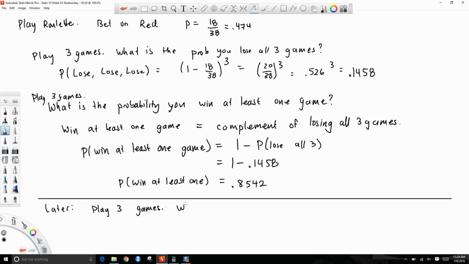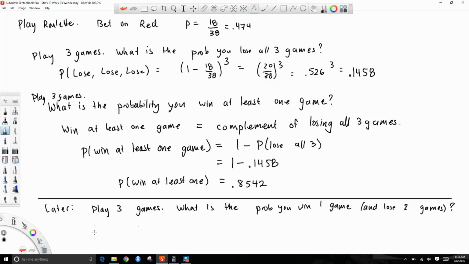What is the probability you win 1 game? And if you won 1 game, how many games did you lose? You lose 2 games. So what's the probability you win 1 game and lose 2 games?